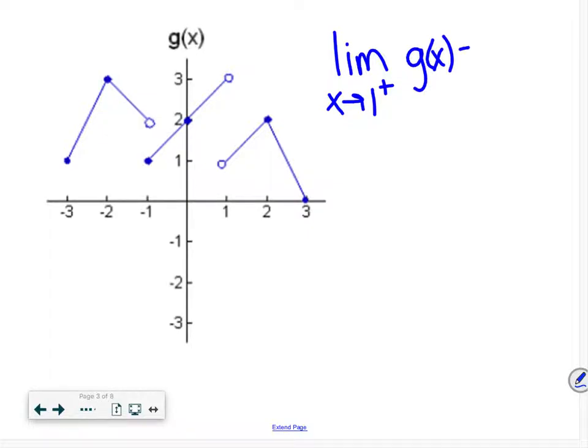That plus sign means from the right side. Sorry, I want it to be -1 for this to work. Okay. As x approaches -1 from the right side. Here's -1 from the right side. What y value are we approaching?